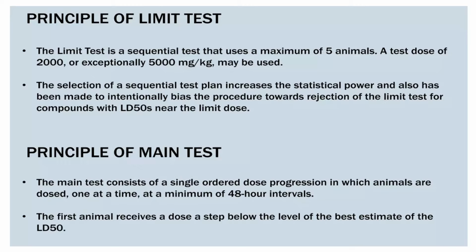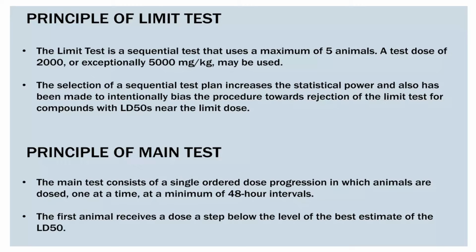Principle of main test. Actually, if we have a substance and we have to conduct the experiment, and you know the product is non-toxic, then we directly conduct the limit test of 2000 or 5000 mg per kg.